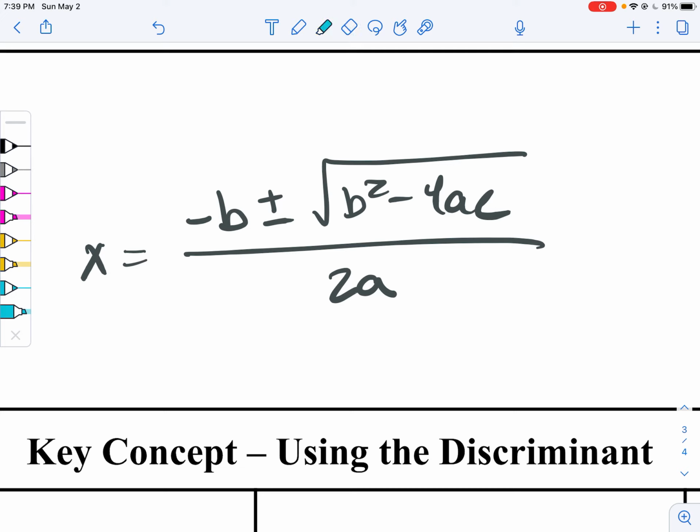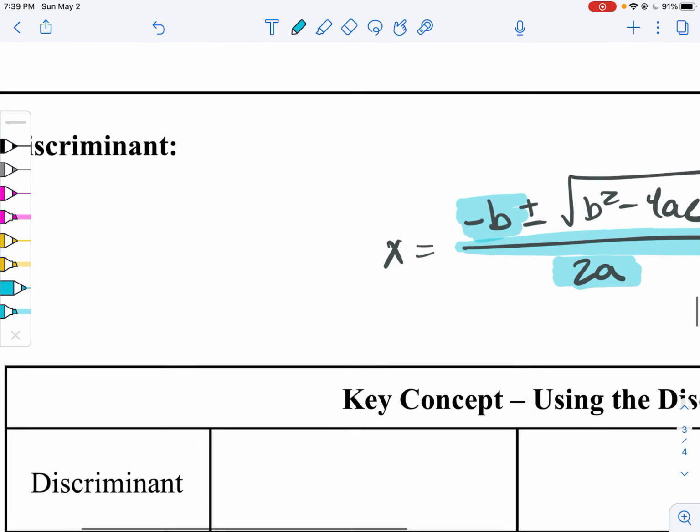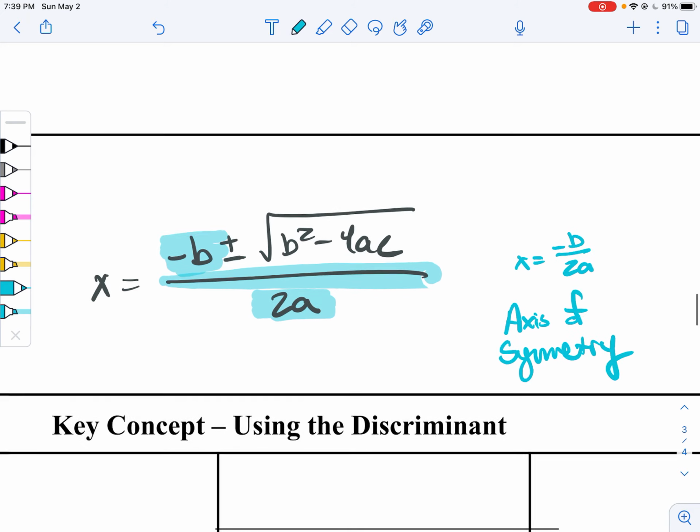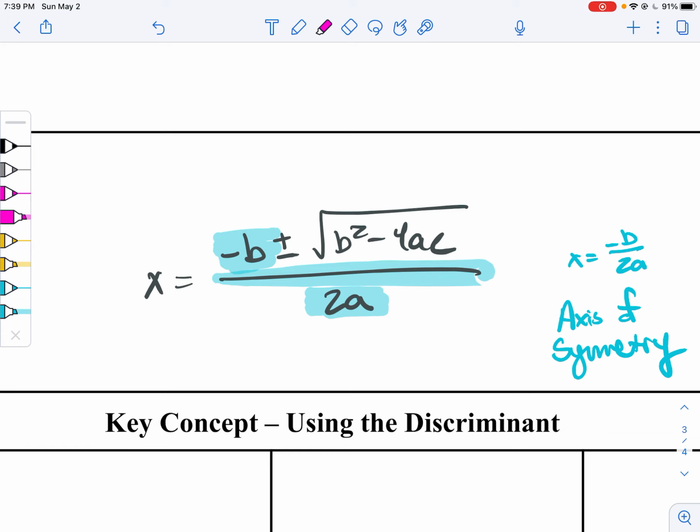The first part of the quadratic formula, this outside part, you've seen that before. When you have x equals negative b over 2a, that will tell you the axis of symmetry. Okay, so what are we left with? Oh, not the square root. I'm sorry, not the square root.